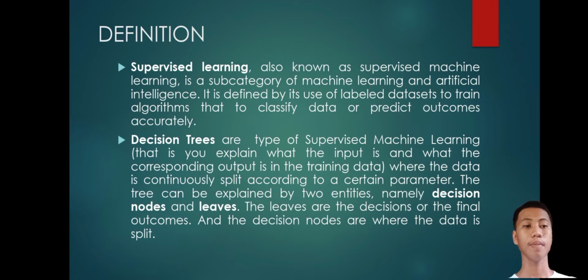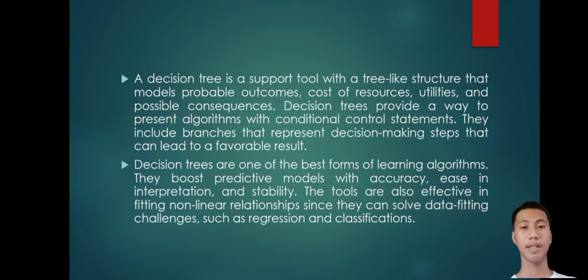The tree can be explained by two entities, namely decision nodes and leaves. The leaves are the decisions or the final outcomes, and the decision nodes are where the data is split.